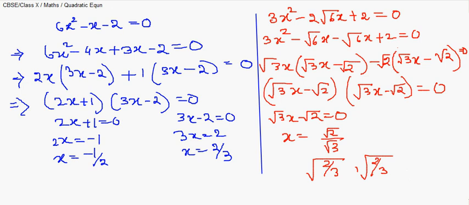Okay, we now take up one more such question. It says x square minus 3x minus 10 equals 0. If we solve this, it will be x square minus 5x plus 2x, because if you multiply, this gives you a minus 10x. Minus 10 equals 0.